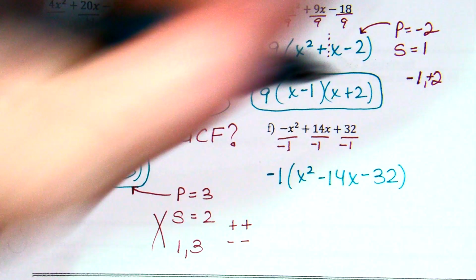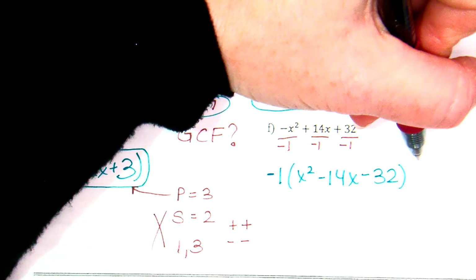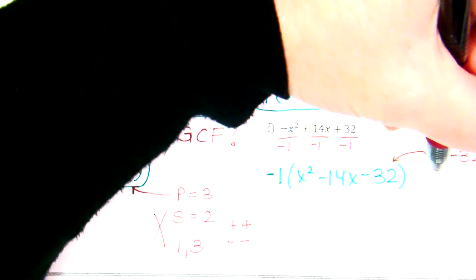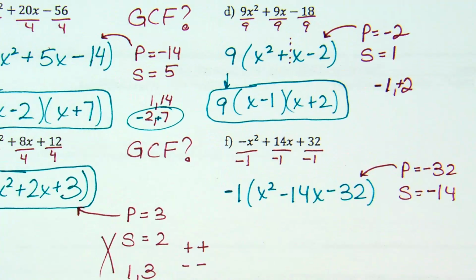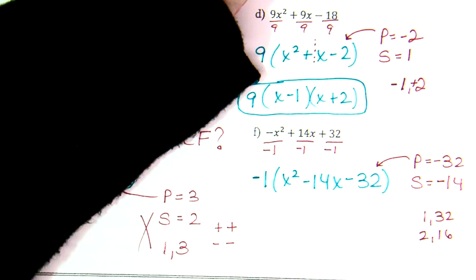What's my question? Okay, am I done? What are we checking for? Product of negative 32, sum of negative 14. So think about pairs that multiply to be 32. 1 and 32, 2 and 16, 4 and 8.